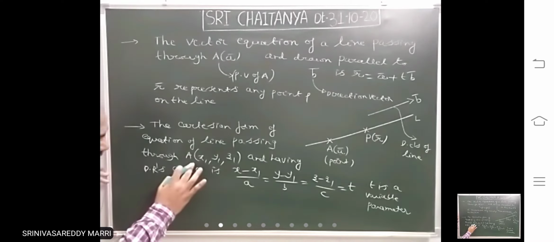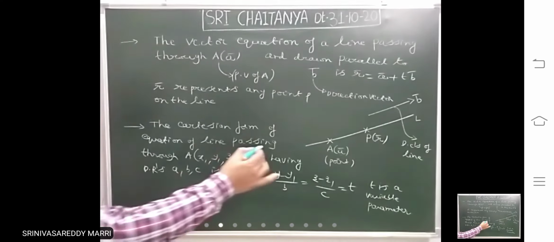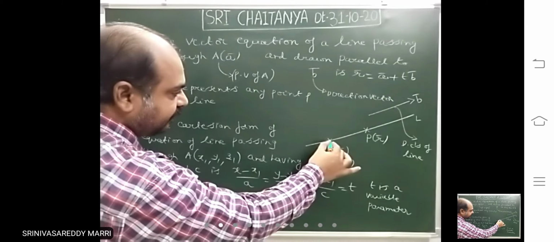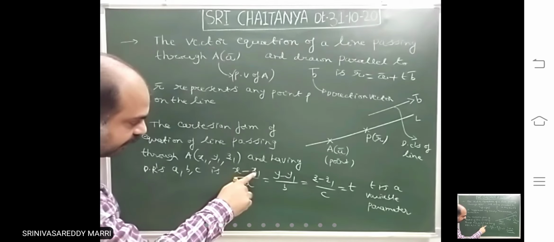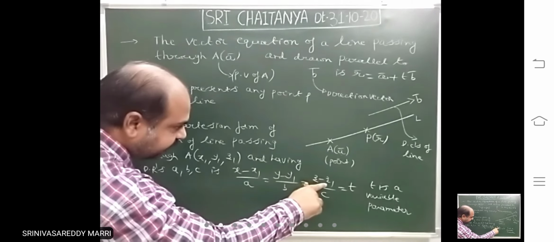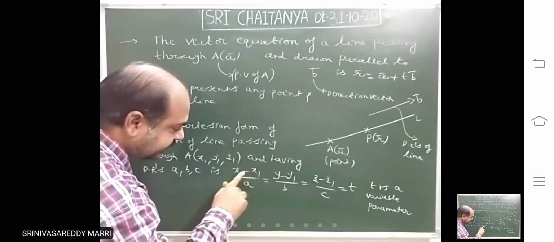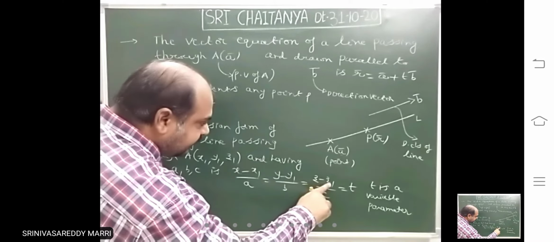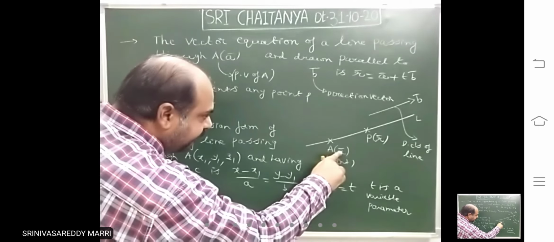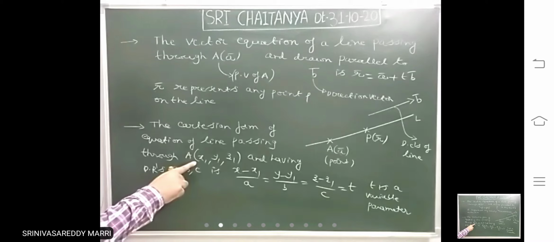Here, point means this one. A bar means what? Point x1, y1, z1. In the numerator, one point is there: x minus x1, y minus y1, z minus z1. Here, A bar means this point in Cartesian form, right, x1, y1, z1.